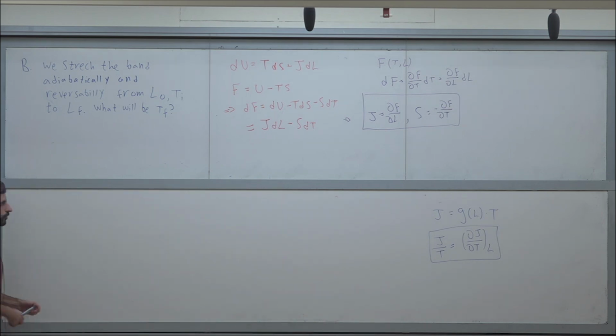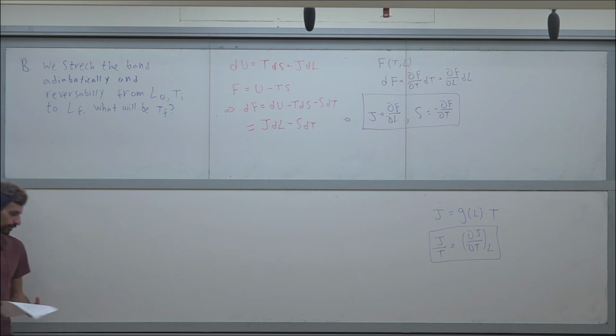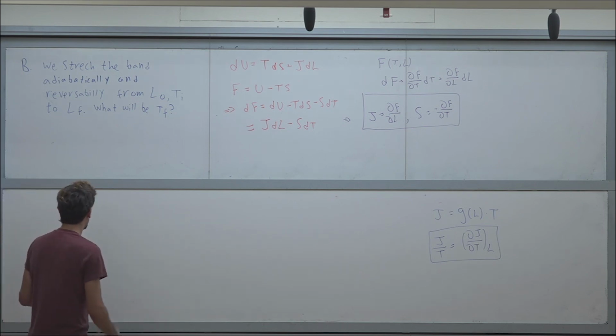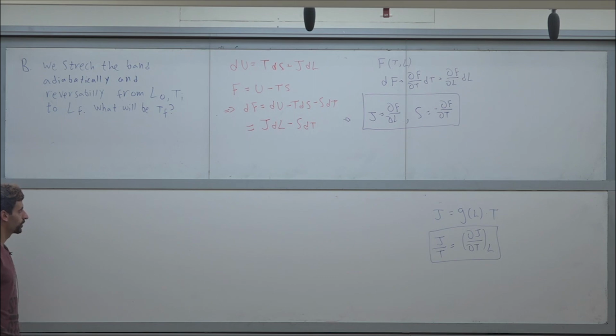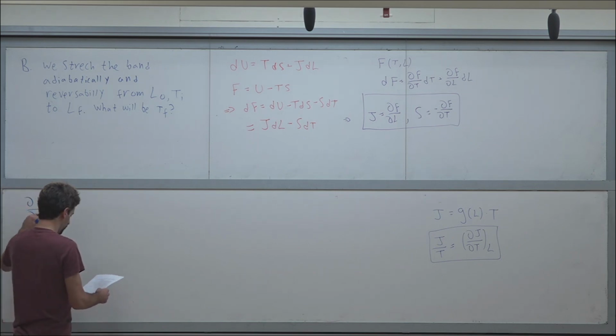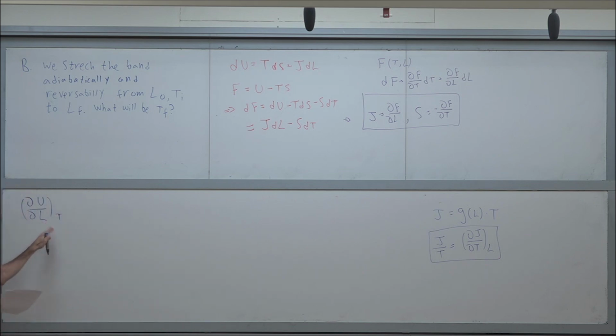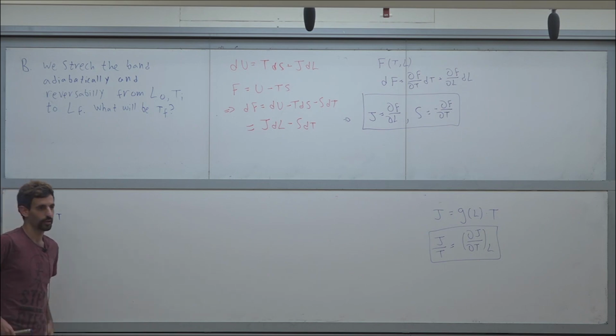Everything that I'm doing is just to prove one concept. I want to use the heat capacity. So I want to prove that the energy is only a function of the temperature and not of the length. So I change parameters from U to J and S because I want to check ∂U/∂L at constant T. And I want this to be 0, because if it's 0, it means that U is just a function of the temperature, and then the heat capacity that I need is defined.